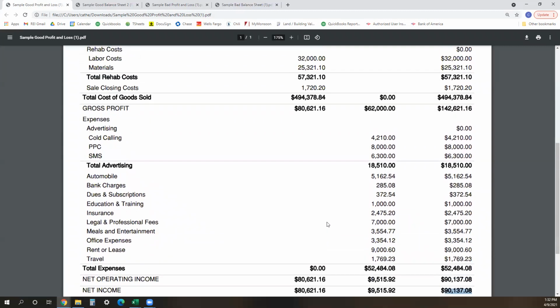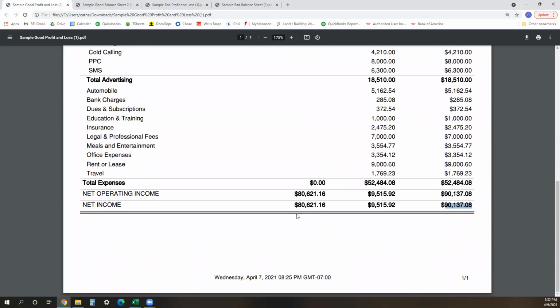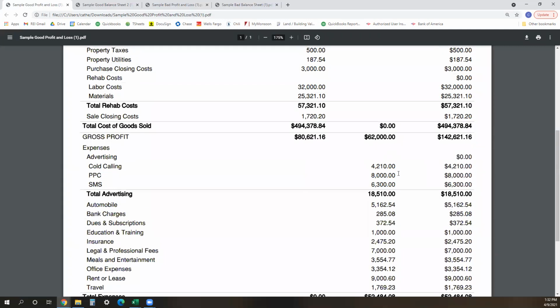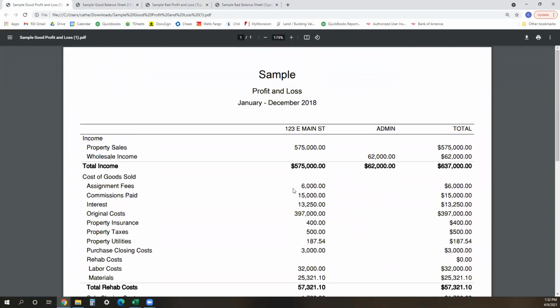So that's really what we would like to see with profit and losses, is keeping the properties each separate so you can see how the job performed, and then also keeping regular office expenses and all of that separate from the properties as well. So that is the examples of a good and bad profit and loss and balance sheet.